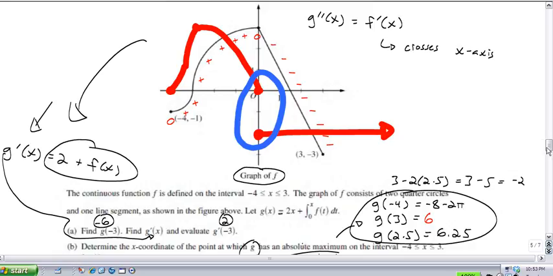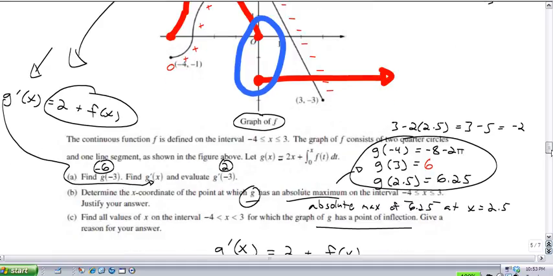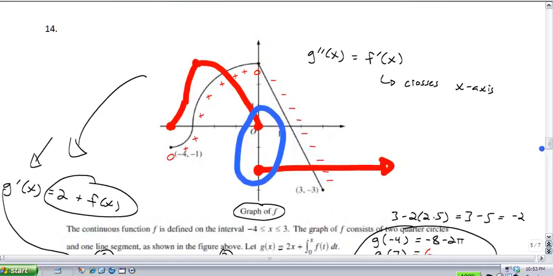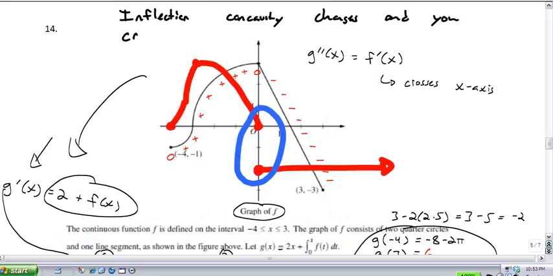Do you count that as an inflection point? This is kind of a tricky question, and you have to think back to, okay, what does it mean to be an inflection point? Okay, I promise we'll do this, then I'll shut up and we'll be done. Okay, inflection point. Concavity changes, and you can draw the tangent line on your graph.